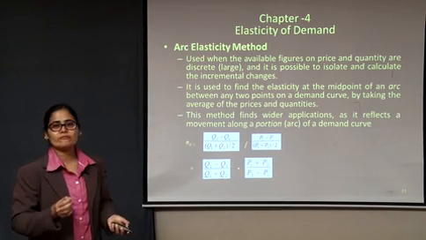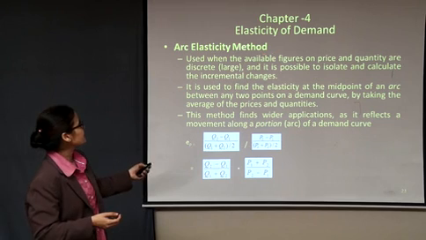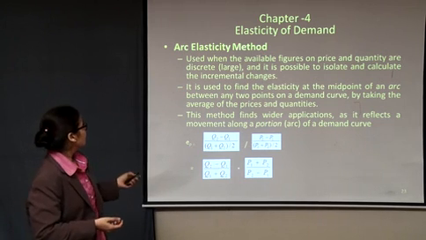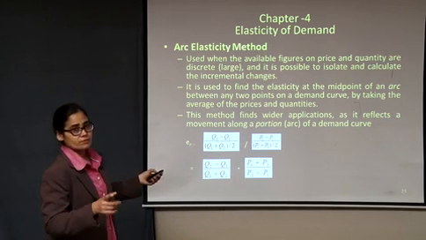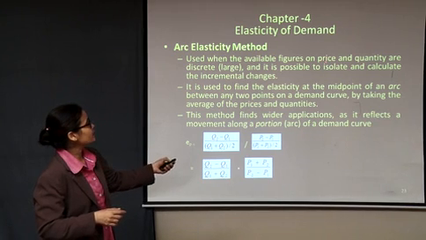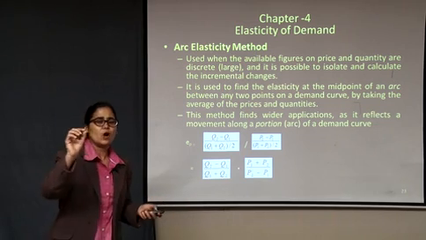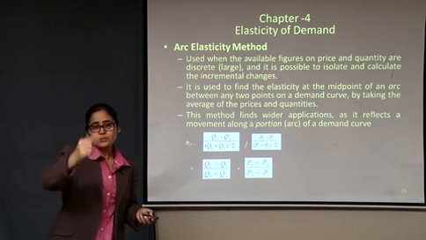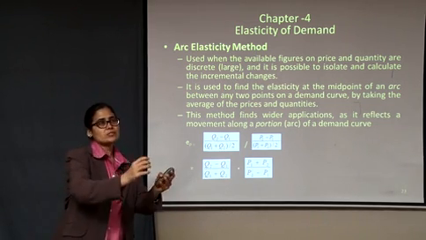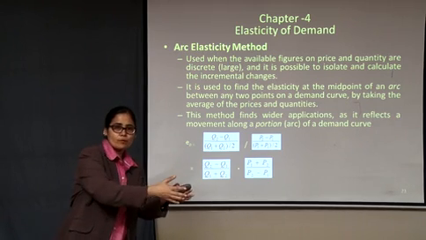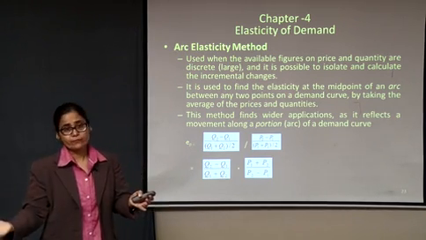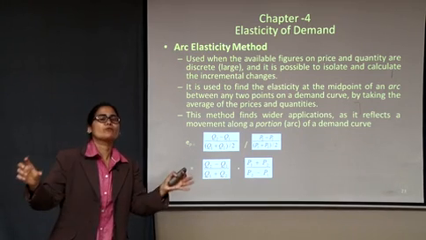Here we have given you the formula of arc elasticity of demand. So it is always used, remember, when the change in price and quantity are discrete. Discrete means not in decimal but in absolute number, like a price of petrol was 80 rupees and it has become 85. So that change is of 5 rupees.